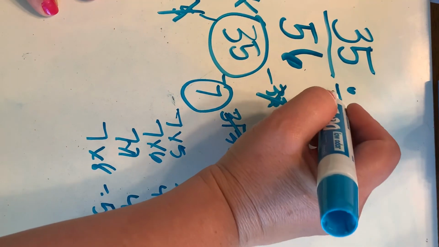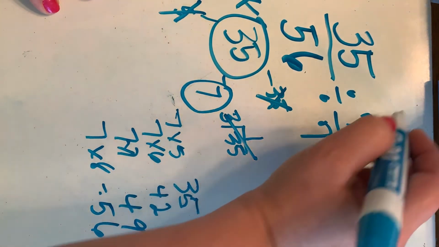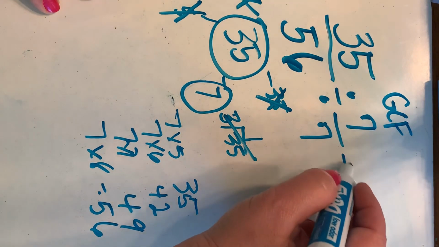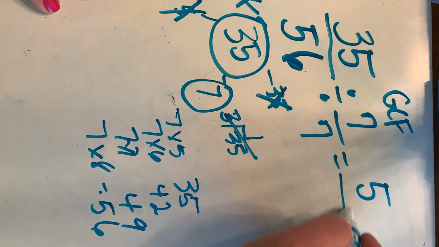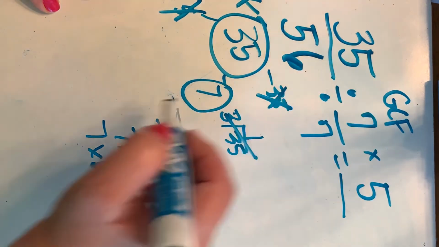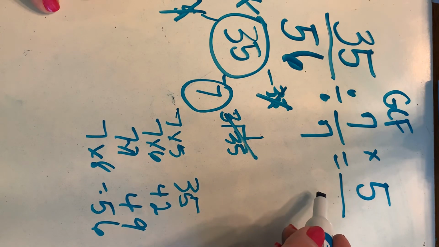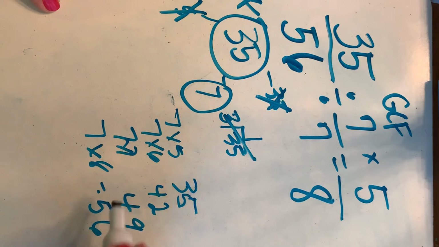So we're going to take 35 over 56 and divide it by 7, which is our greatest common factor. 35 divided by 7 is 5, because 5 times 7 is 35. 7 times what is 56? That's right, 8. 8 times 7 is 56.